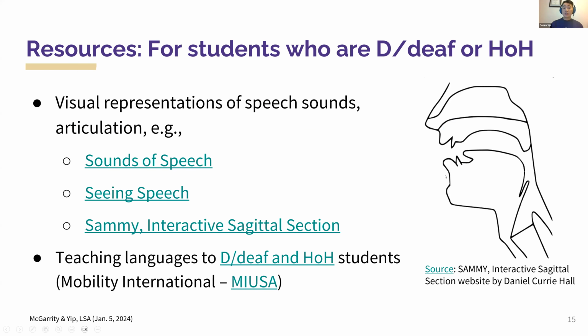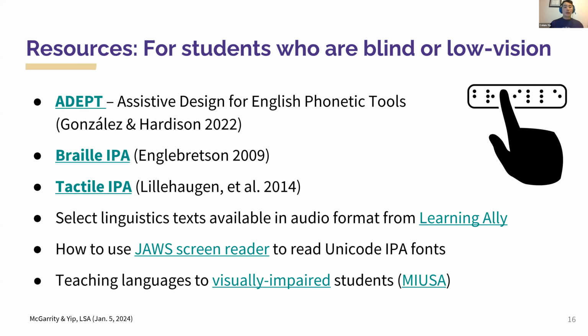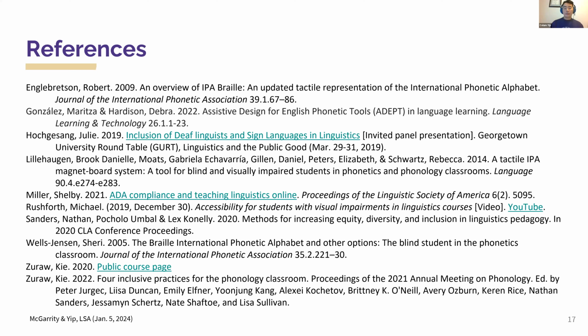We have some additional resources for students who are deaf or hard of hearing, for example, some websites on visual representations of speech sounds. And we also have some additional resources for students who are blind or low vision. We find the ADEPT website to be particularly helpful. And here's our full reference list.